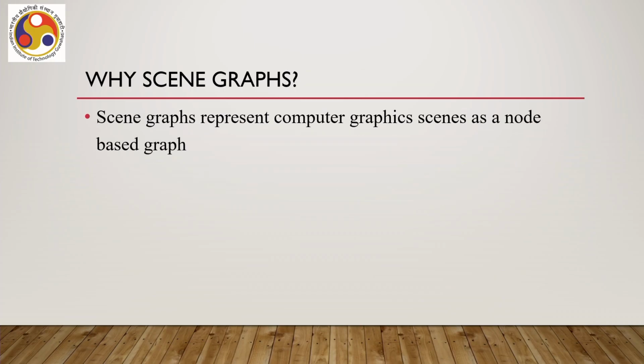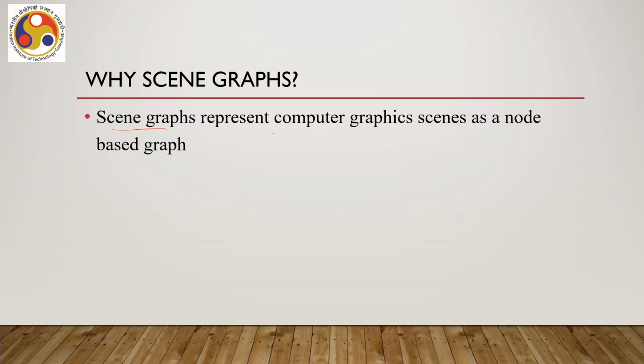Now, why are we emphasizing the term scene graphs? Scene graphs represent computer graphic scenes as a node based graph. So, essentially the entire scene is represented in the form of a tree with nodes and links between nodes, and we can selectively work with nodes to manipulate the scene and also create realistic effects and also allow interaction.